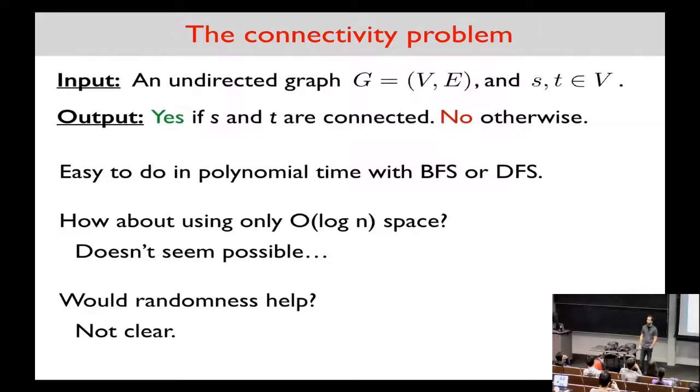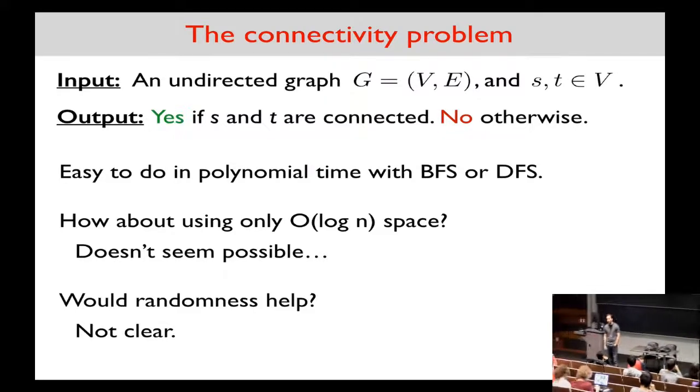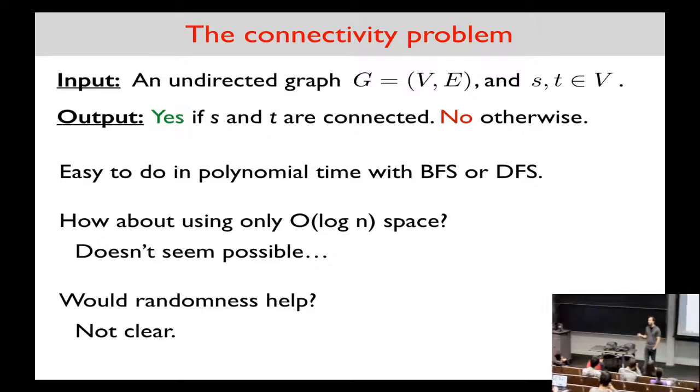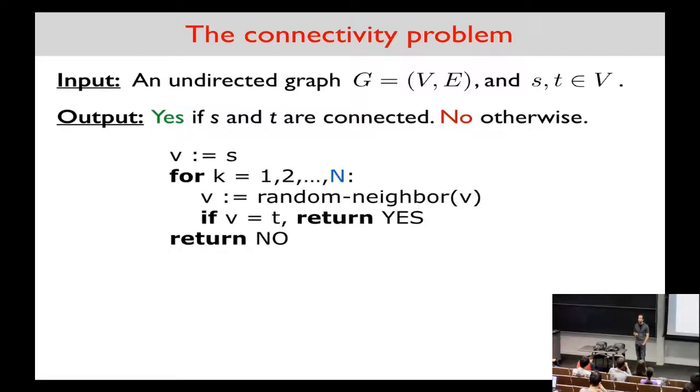Whenever you're at a given vertex, randomly pick one of its neighbors. Do a random walk, like the drunk guy. Simulate the walk of a drunk guy and hope that you will reach T after some reasonable amount of time.